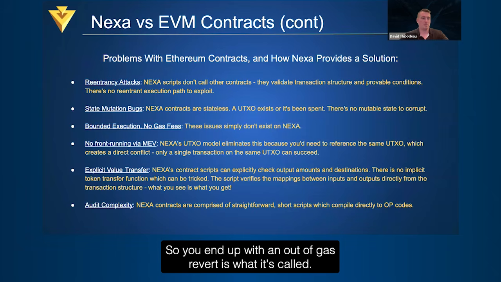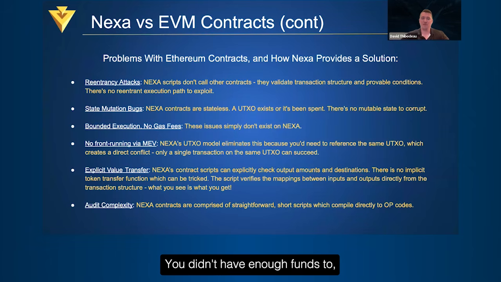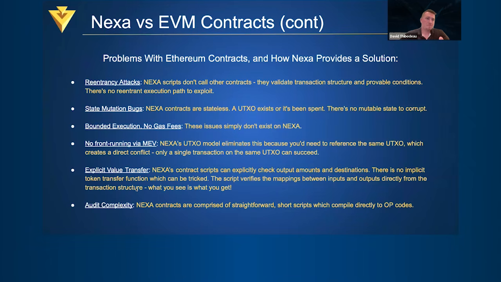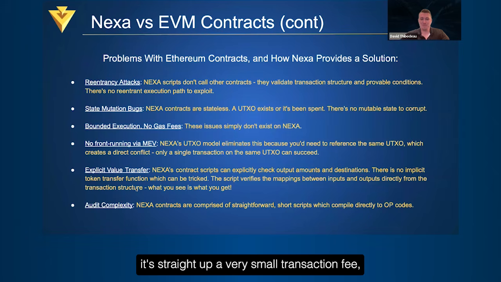So you end up with an out of gas revert, is what it's called. So that contract call, that transaction is canceled. You didn't have enough funds to pay for the execution of that contract. That doesn't exist on Nexa. It's a straight up, very small transaction fee, and there's no guessing about it.